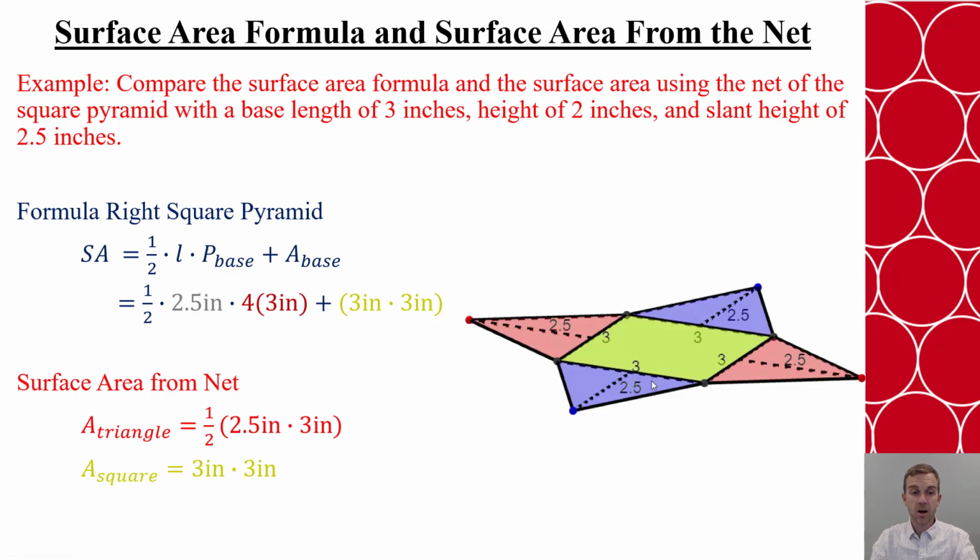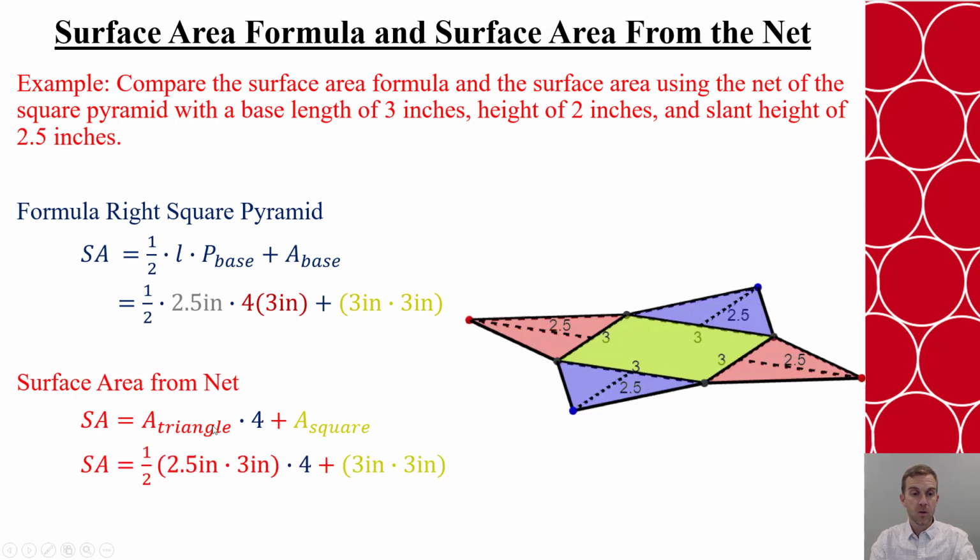So if I put that all together, I would have the area of the triangle times the 4 triangles plus the area of the square. Well, we found the area of the triangle to be 1/2, 2.5 inches times 3 inches, and there's 4 of them, and then times 3 times 3.